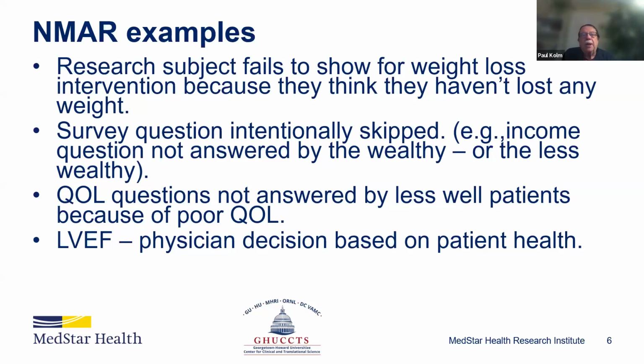But this could apply to any, say, test that was related to how healthy the patient was to get the test. So if that's the case, then the physician makes a decision and it's not missing at random.